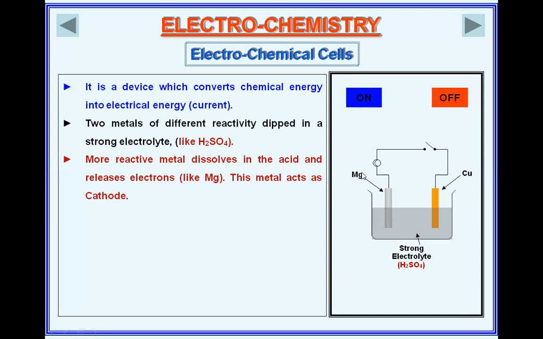So, magnesium, aluminum, zinc, iron, lead, nickel, chromium, and other metals, other than the 1A and 2A groups, can be used.